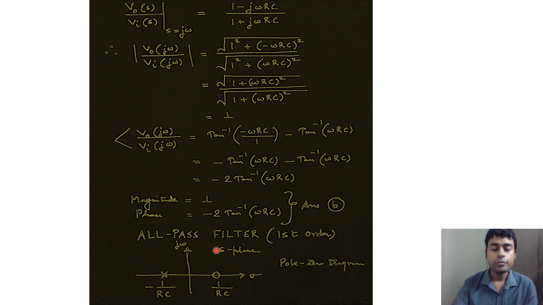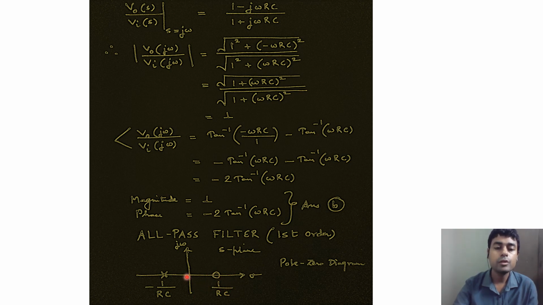The final pattern of question would be, can you identify which is the correct pole zero diagram of this circuit? So this circuit had a transfer function of 1 minus SRC by 1 plus SRC, and it is very easy to show that if you set the numerator to 0, then the zero will occur at S equal to 1 by RC.